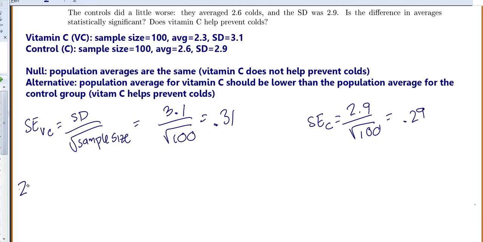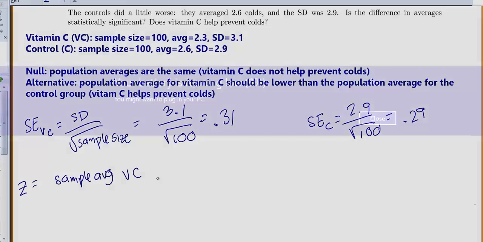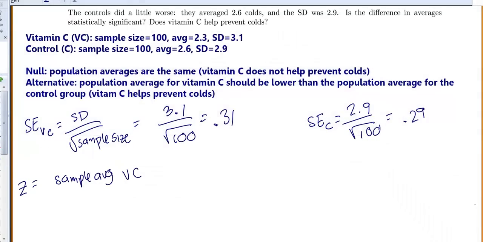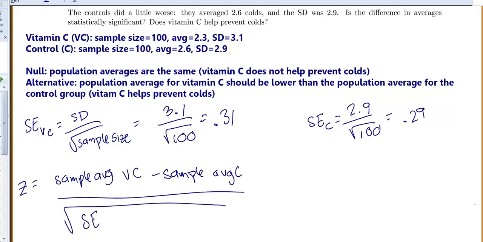Now my test statistic Z is going to be my sample average for vitamin C minus the sample average for the control group, over the square root, where we square each of their standard errors and add them together.